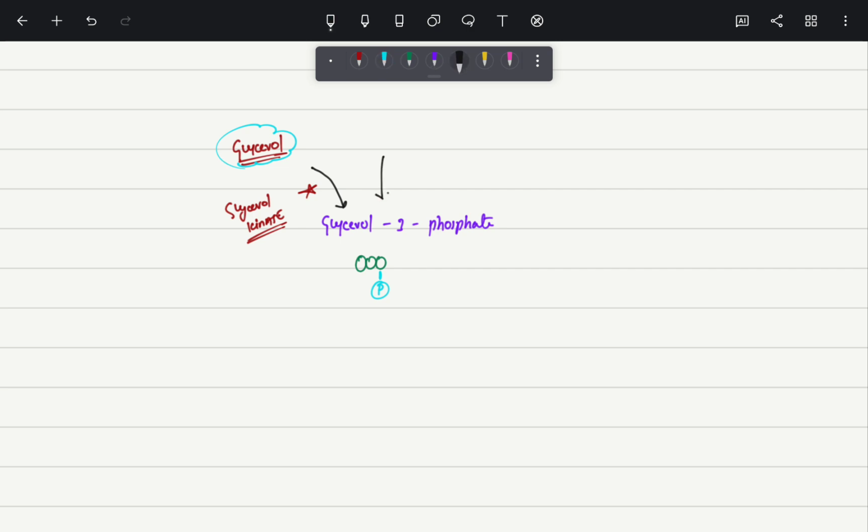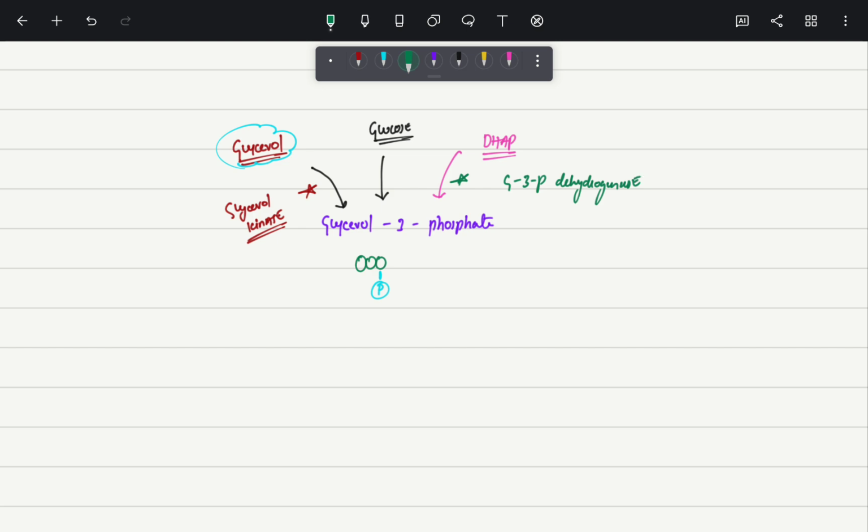The other pathway is your glycolysis pathway, where you can convert the glucose directly into glycerol 3 phosphate. And finally we have another pathway where we can convert dihydroxyacetone phosphate into glycerol 3 phosphate, and the enzyme responsible here is glycerol 3 phosphate dehydrogenase.